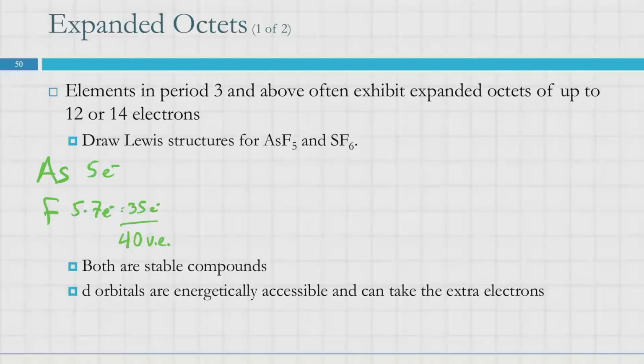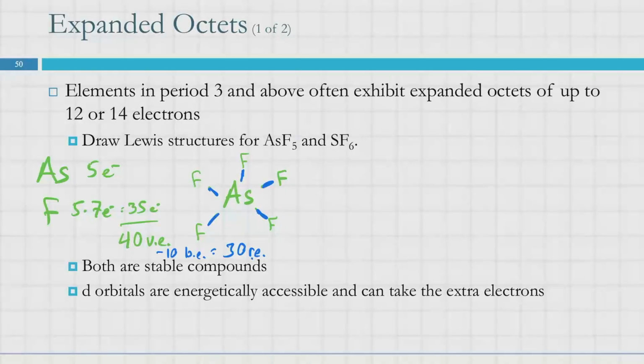Fluorine only likes to bond one time, so arsenic is going to be our central atom. We connect our 5 fluorines, and we've used 10 electrons with making those 5 bonds. So we've got 30 remaining electrons.